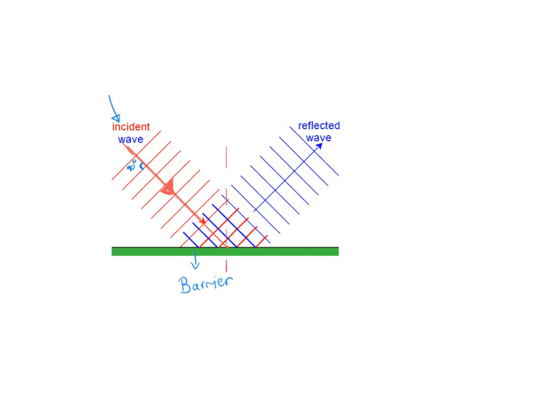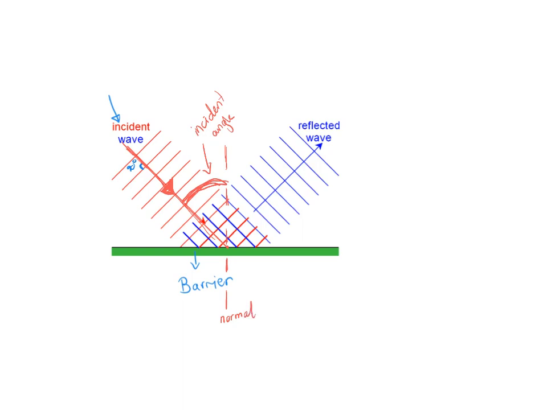The normal line is to show us clearly the incident angle and the reflected angle. So this angle here, we call the incident angle. That's the angle it makes between the ray and the actual normal line. We call this line the normal line.